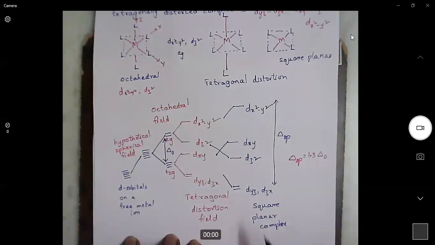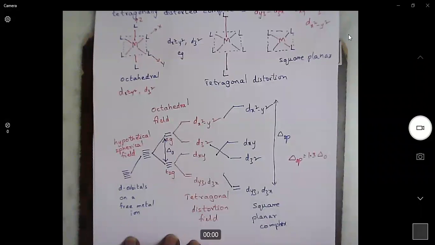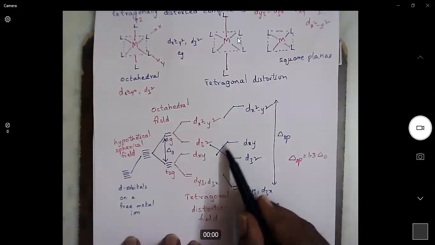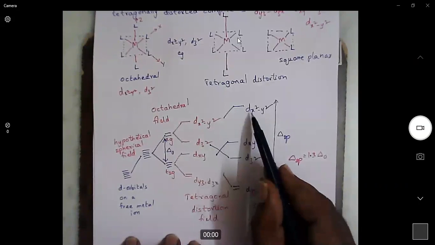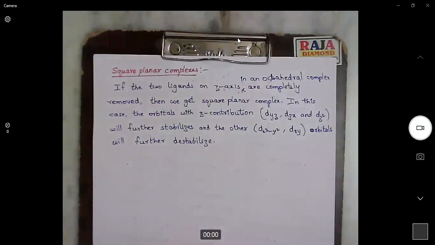That means orbitals with z contribution will further stabilize. dyz, dzx is stabilized, dz square is also stabilized, but orbitals without z contribution, dxy is destabilized, dx square y square is also destabilized. So this is square planar splitting. Please take these notes.